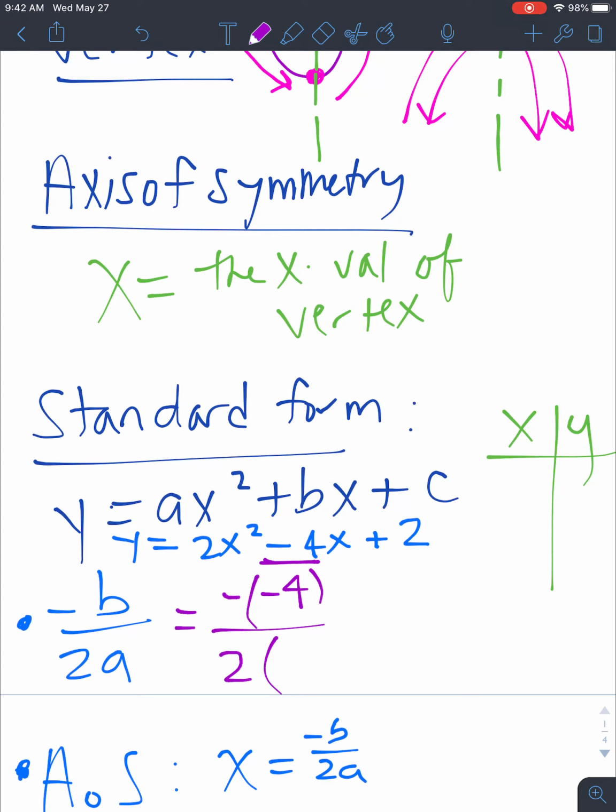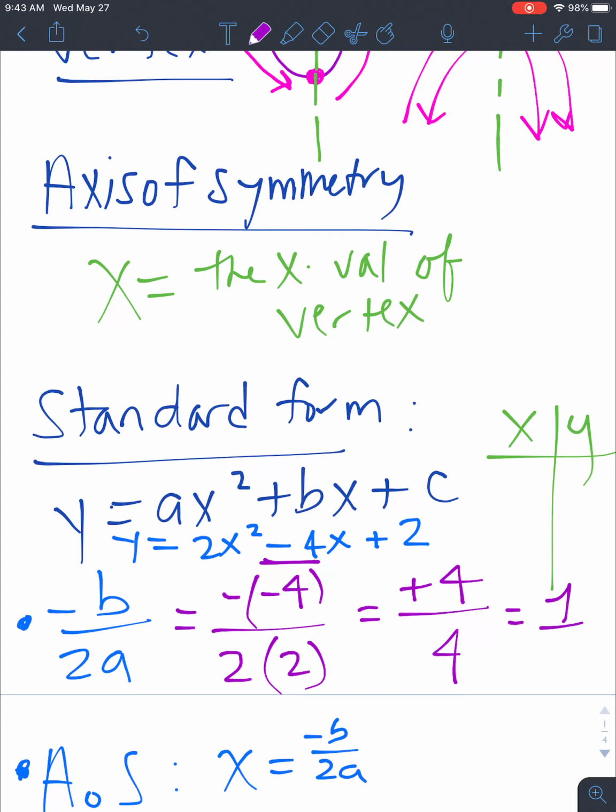Divided by 2 times my a value, which is 2. So I have negative times a negative, so that gives us a positive 4. And then we have 2 times 2, which is, again, positive 4. 4 divided by 4 is 1. So the x value of our vertex for this example would be 1.